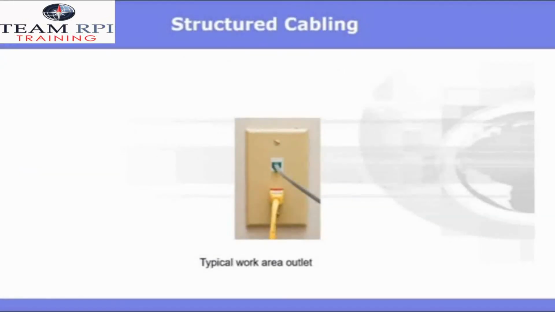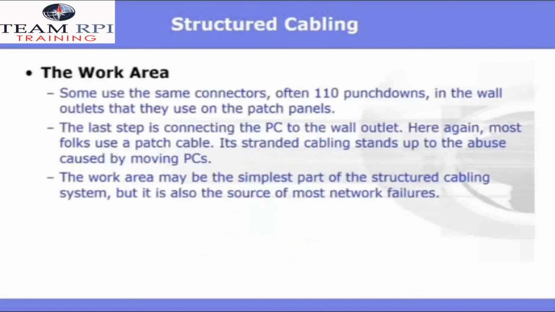Here's a look at a typical work area outlet. On the top, you see an RJ11 connecting a phone line, and below it, you see an RJ45 connecting the network. By far, the work area is the simplest part of the structured cabling system, but it is also the source of the most network failures.